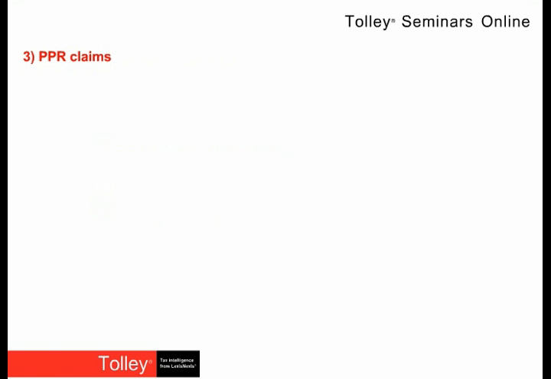Now, in a related change, and again a little bit of information was available about this in the autumn statement, we've got a bit more clarity on when PPR claims will be available to non-residents on these residential properties.